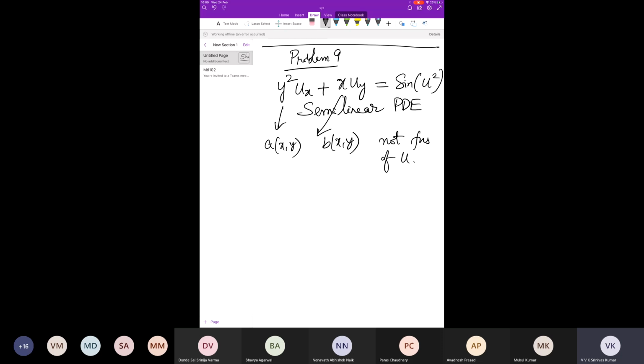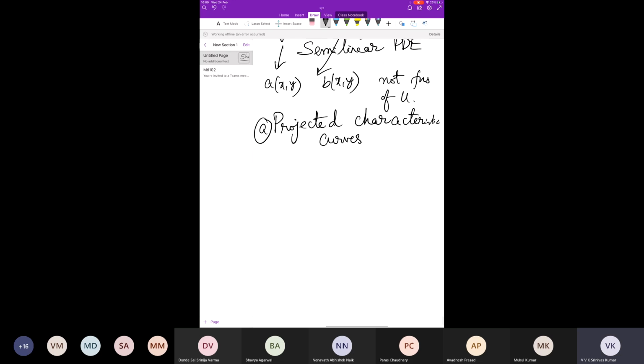So the projected characteristic curves will be only on the xy plane. We first find the projected characteristic curves.